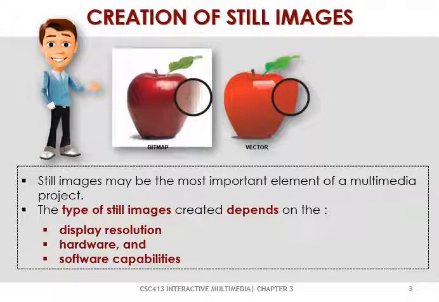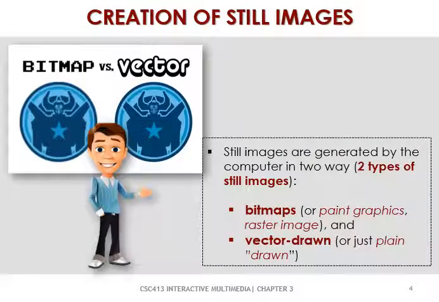For the creation of still images, the most important element of a multimedia project, the type of still images that can be created is based on the display resolution, hardware and software capabilities, meaning that the quality of the still images is all about these three things: display resolution, hardware and software capabilities.